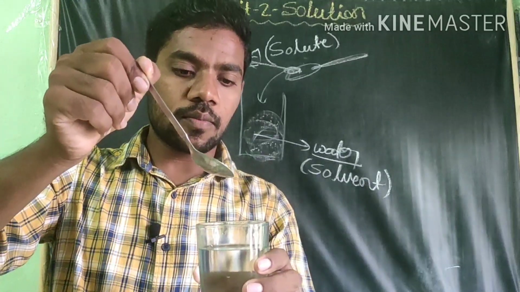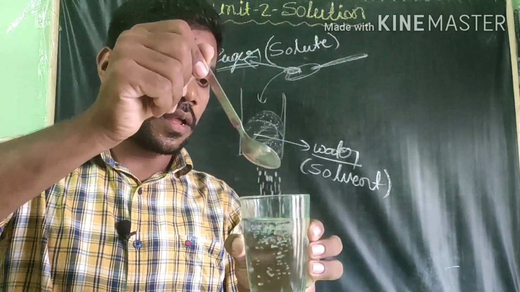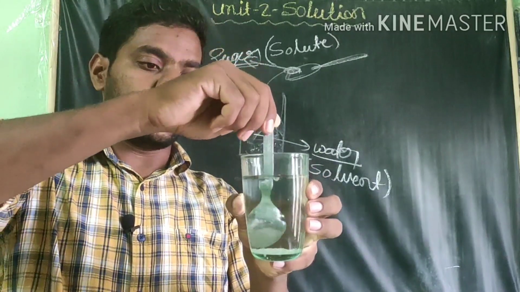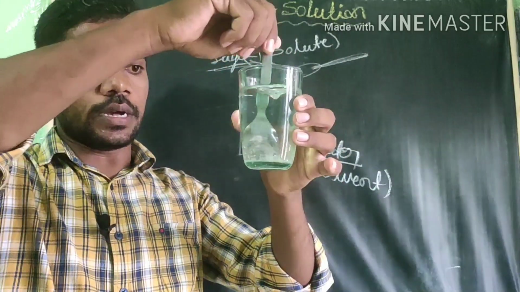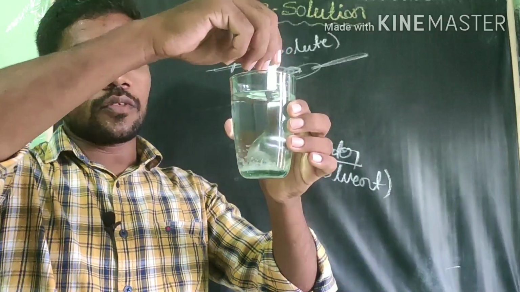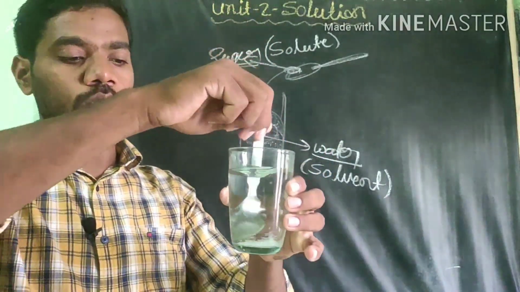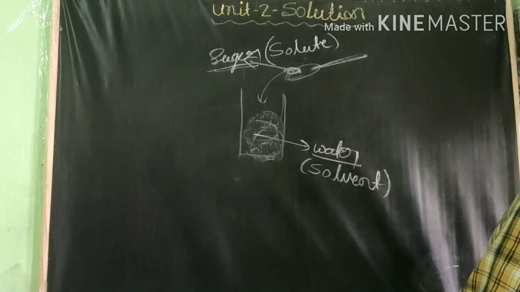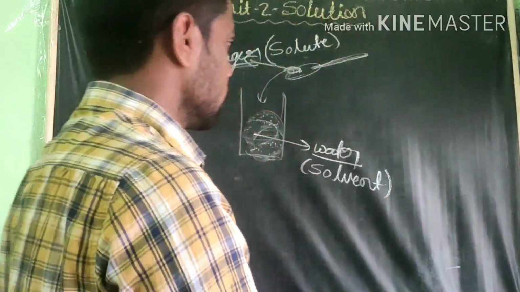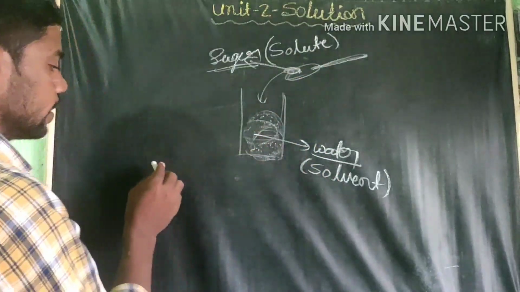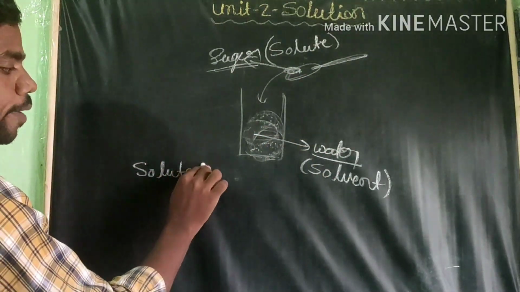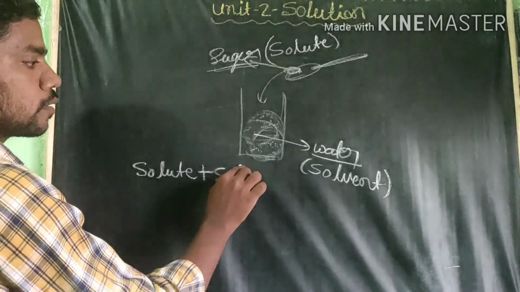You see here, this is small. You see here, I am adding continuously. Yes, right? You see here, this is water, sugar I am adding to this water. What happens? After that, you see here, this sugar, solute I am added to the solvent.